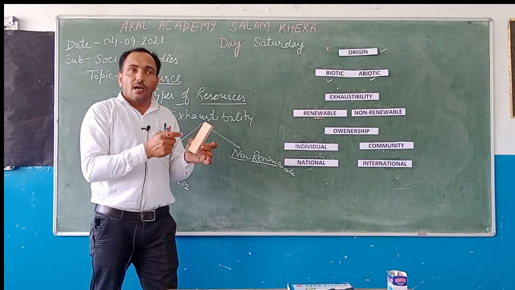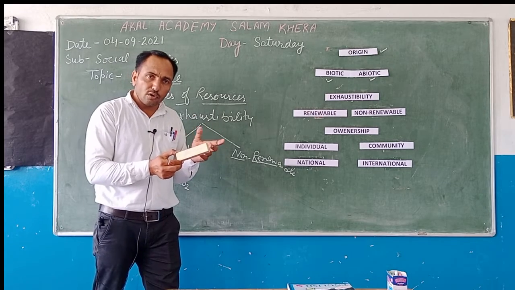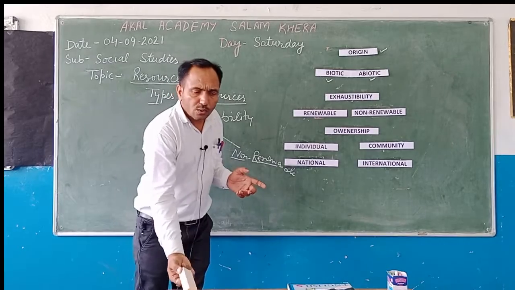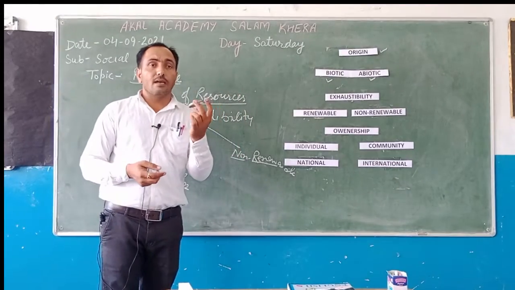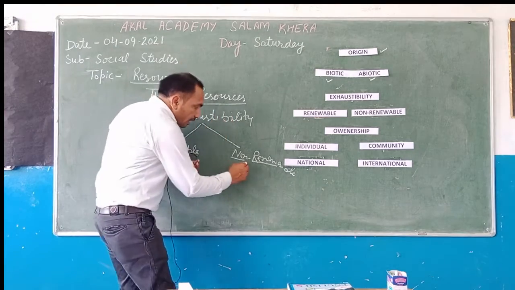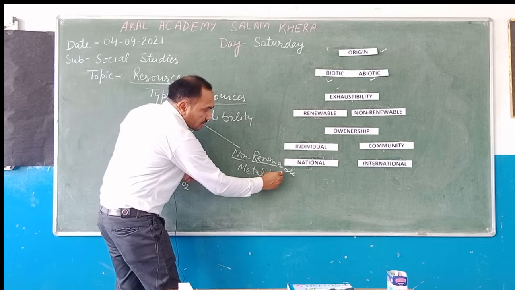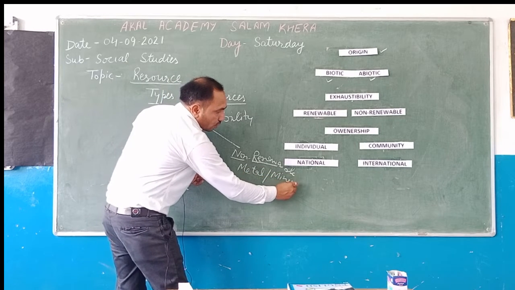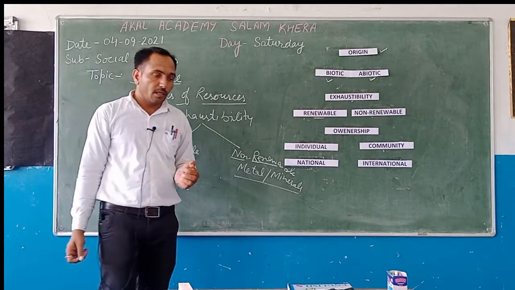With wood we can make them. They will not regenerate by themselves. Things like this, made of metal, iron, will not regenerate. Clear? This is metal. All the minerals are also part of non-renewable resources.